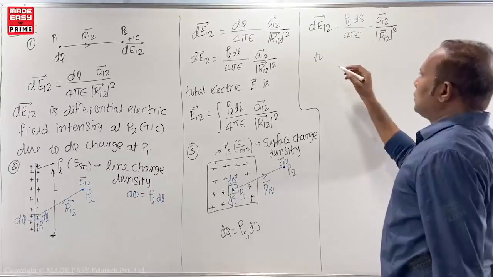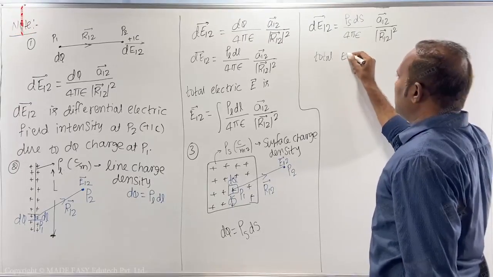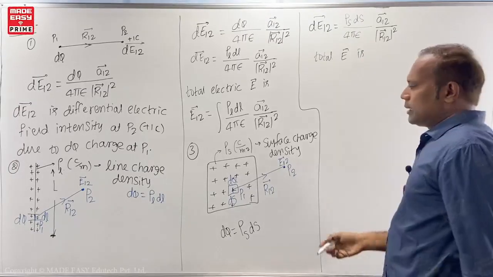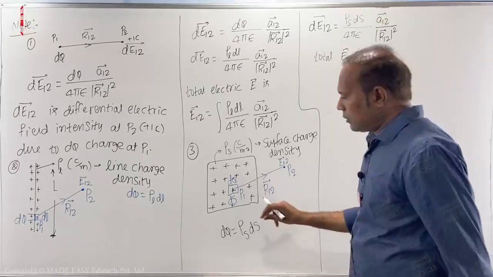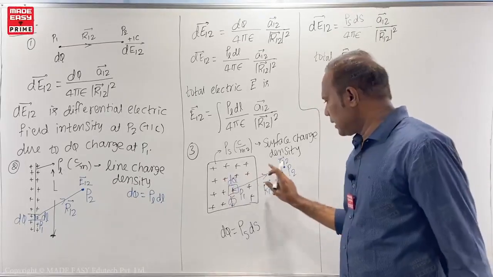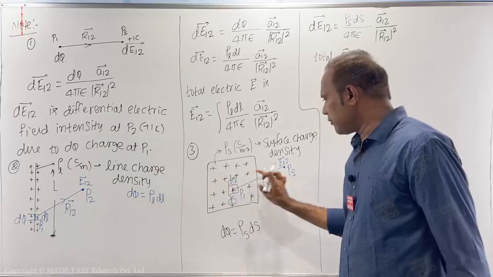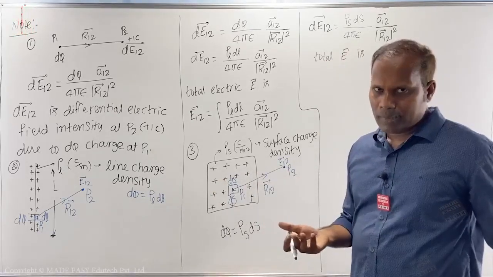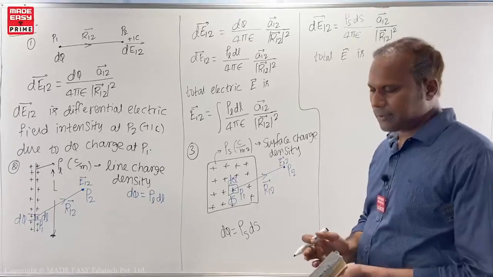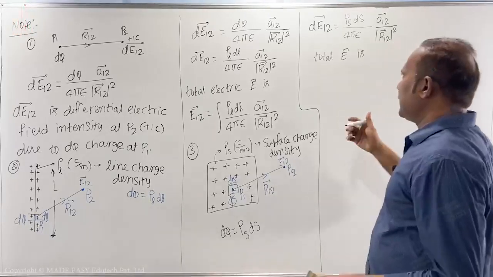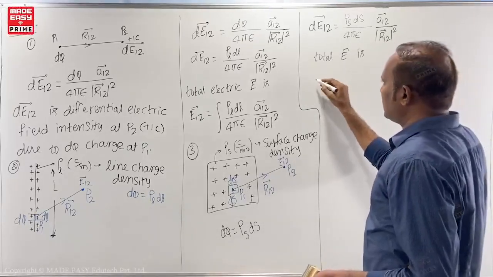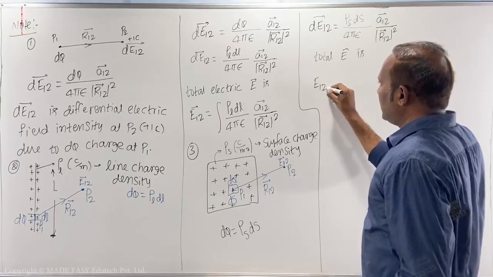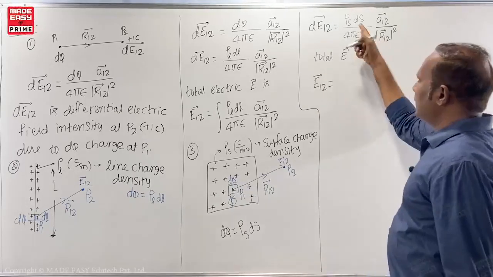Now total E bar is, so take 1 point charge here, then find electric field. Take 1 point charge here, find electric field. Then your total electric field is the sum. You have to add, because electric field is linear. Add means integration. So total E bar is, integration means how many integrals?